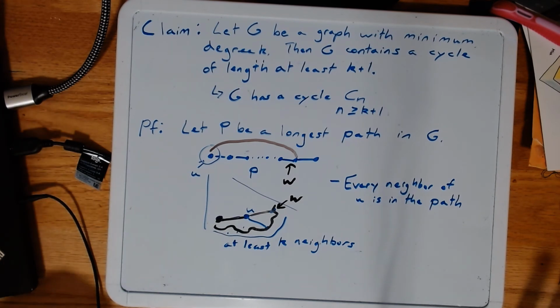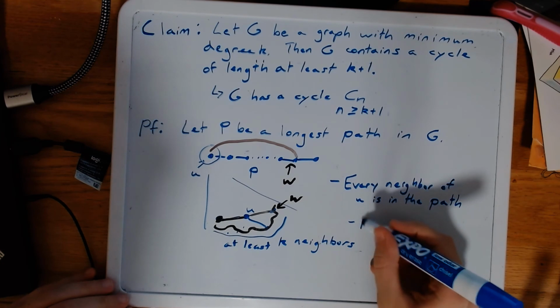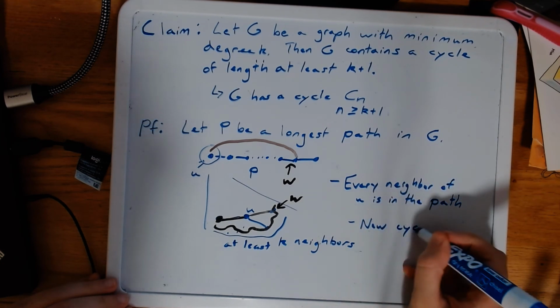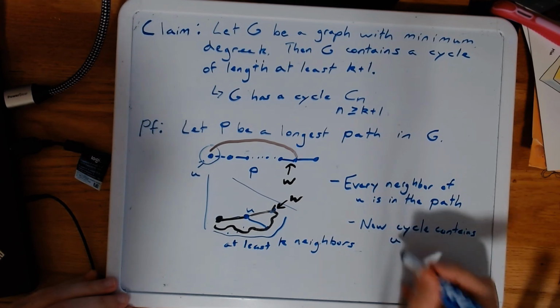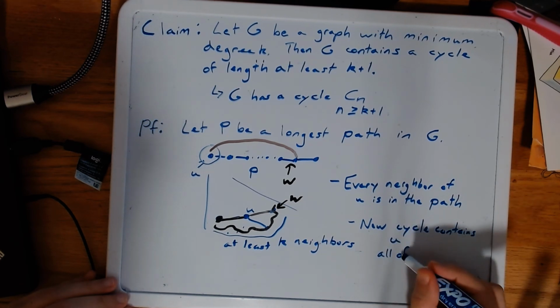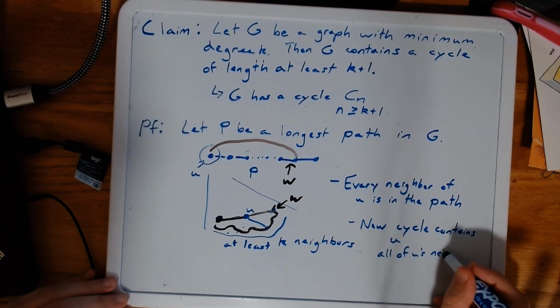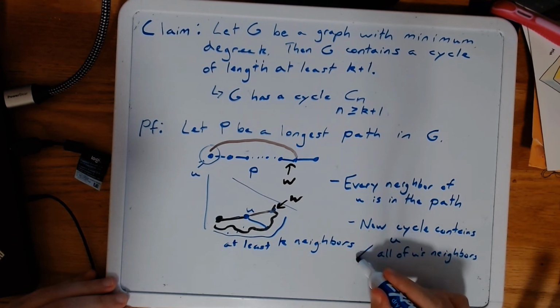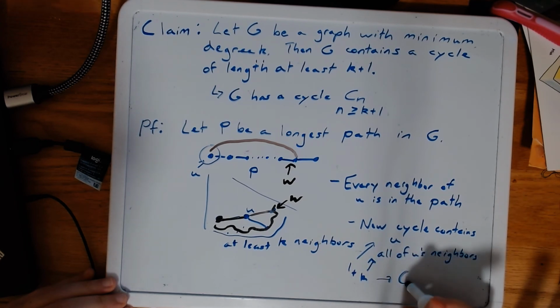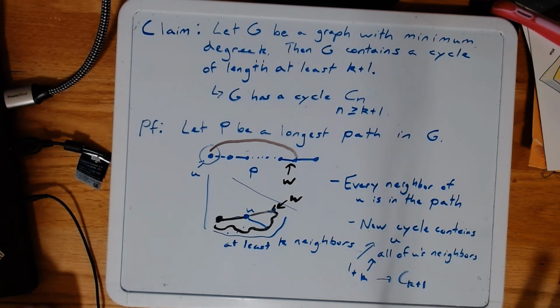It contains U and all of U's neighbors. Right? U is 1. There are k of those. So we have a cycle of length at least k plus 1.